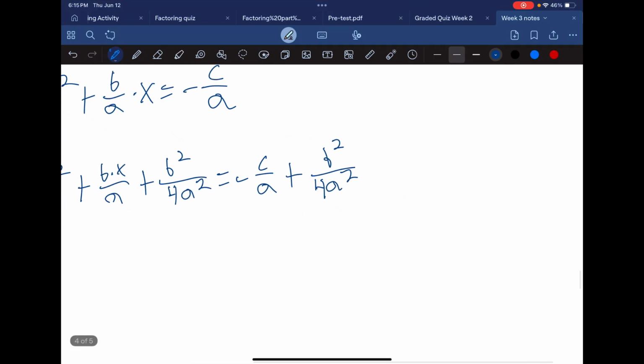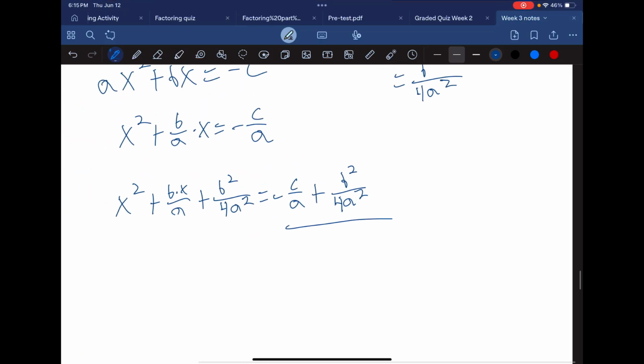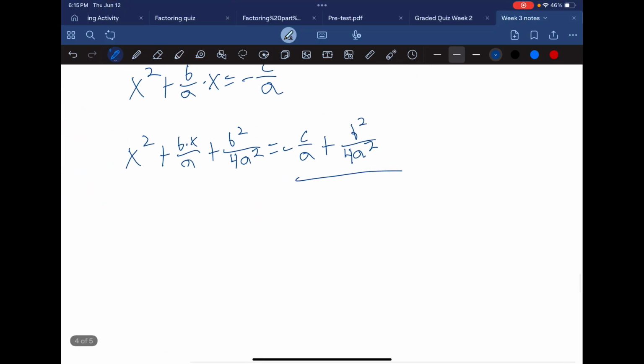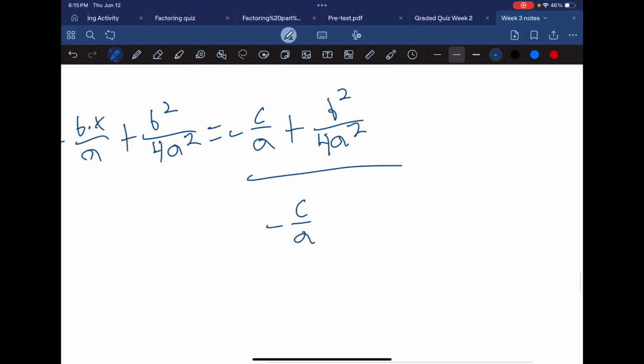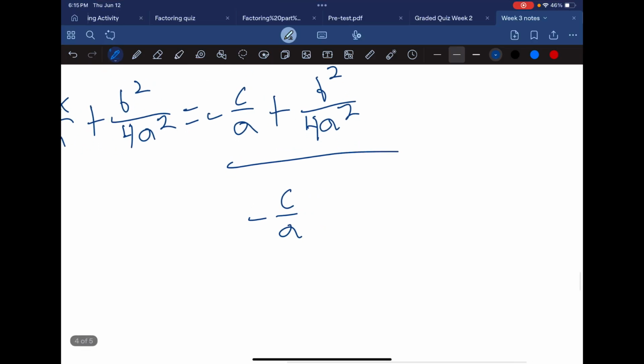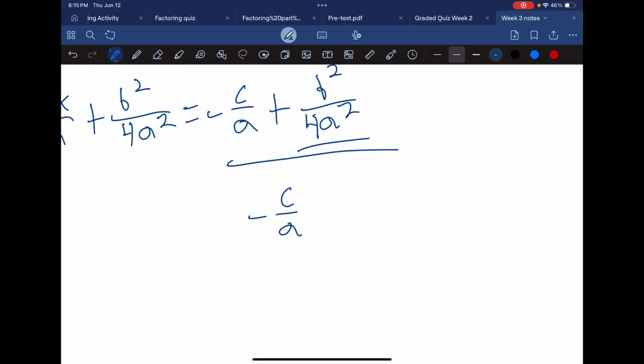Yeah, so we're combining these two, but negative c over a plus b squared over 4a squared are not common denominators. So we need to take our negative c over a and multiply it by the least common denominator, or in this case, just the 4a.